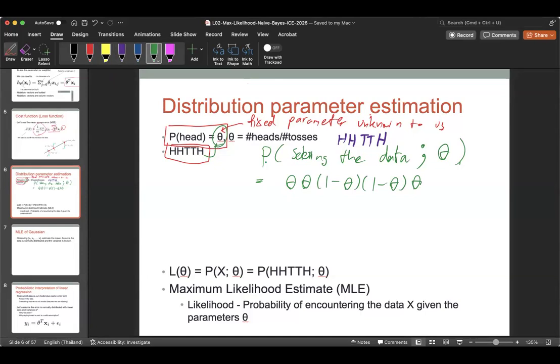And our goal here is to maximize the probability of our model to explain the data, right? So we want to maximize this probability.